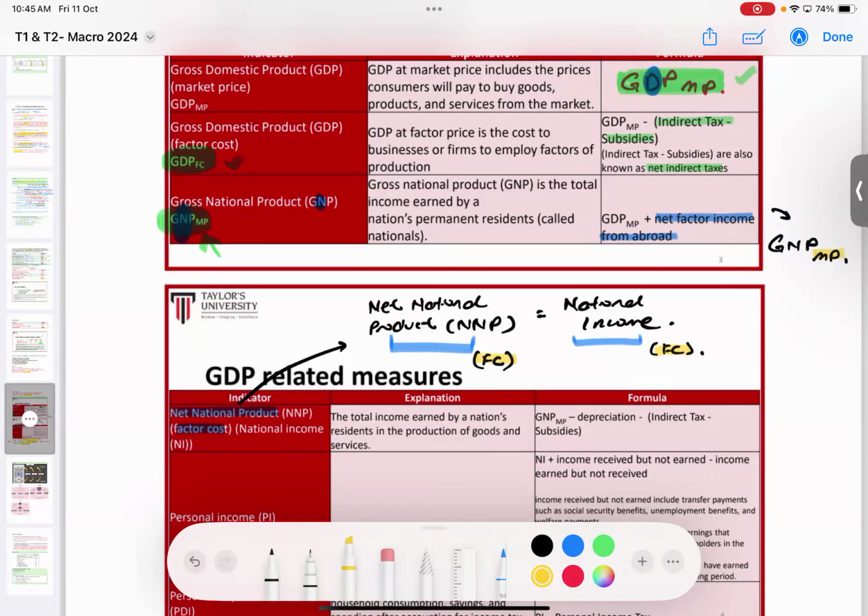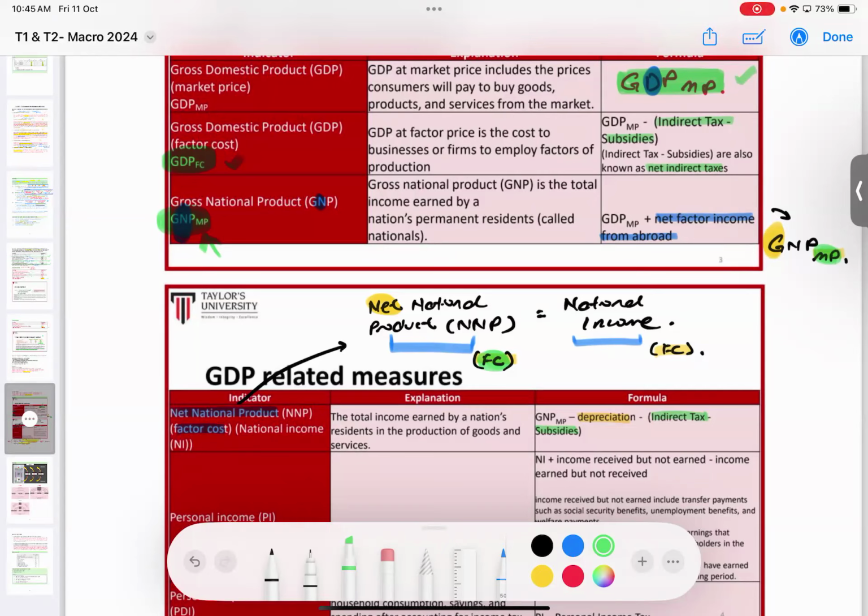So you want to change from gross to net. What you should do? You minus off the depreciation first. Then if you want to change from market price to factor cost, you minus the net indirect tax. You realize that things get easier when you understand the 3 tips just now.